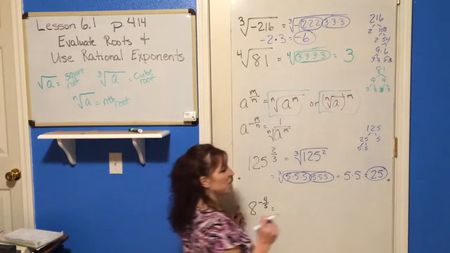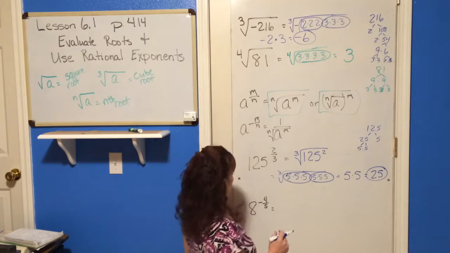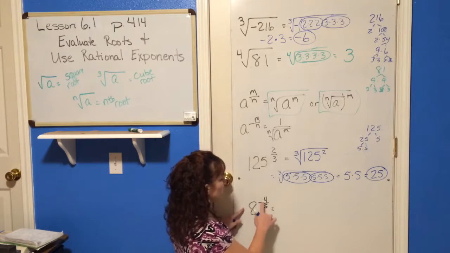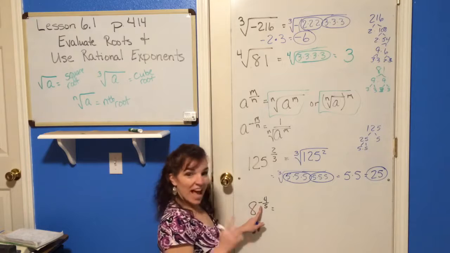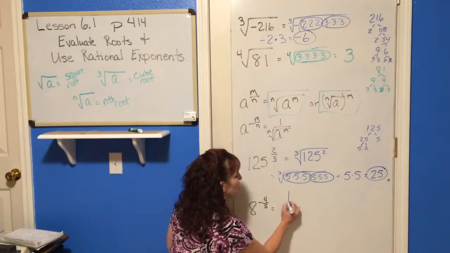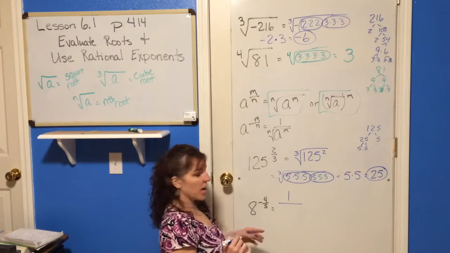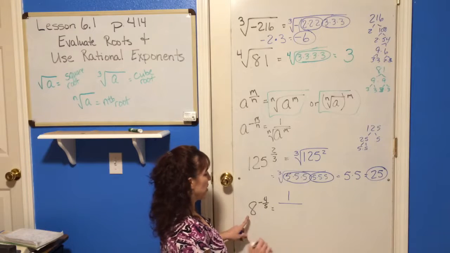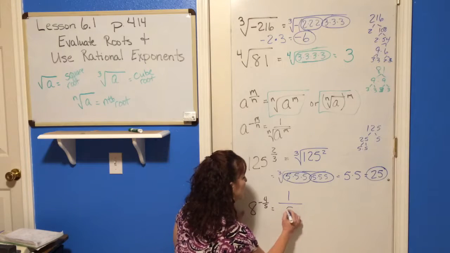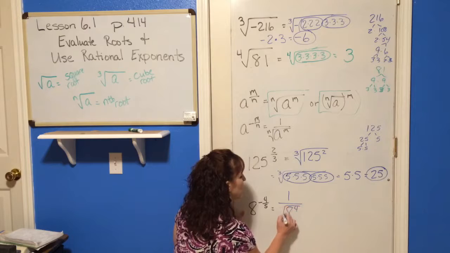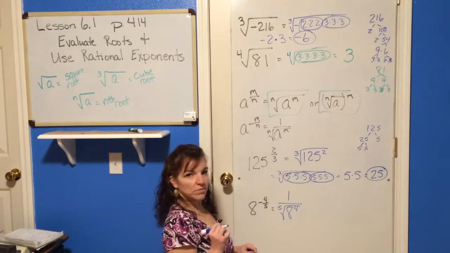Okay. Last one of these, and then we'll go to something else. 8 to the negative 4/5 power. Remember, the negative power is going to put it in the denominator. So you're going to have 8 to the 4/5 power.